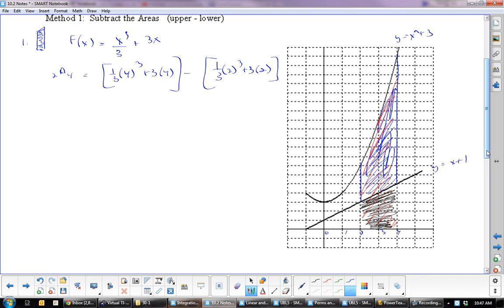Okay, and just to speed things up, we get 74 over 3. Okay, so that would be the entire area from x squared plus 3 all the way down to the x-axis. Now, if we can find out the area under x plus 1, then we're going to take those two and subtract, and we'd be just left with the difference.